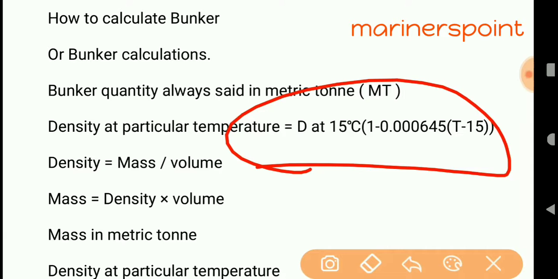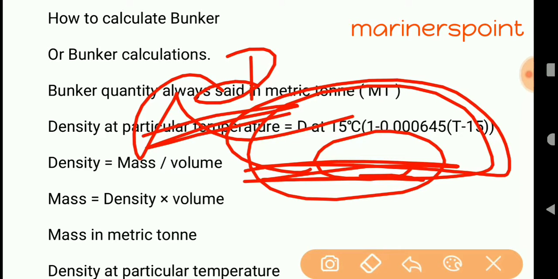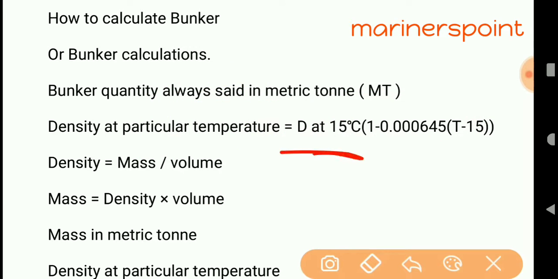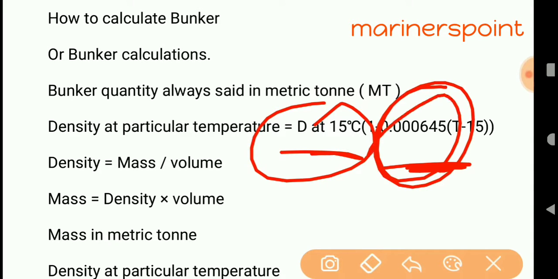But when you are on the ship, using this formula you get one fixed density, approximately fixed. Then when you calculate, you use that density. Or maybe density at 15 degrees Celsius is given, then at a particular temperature you will get some fixed value, you can say a constant.